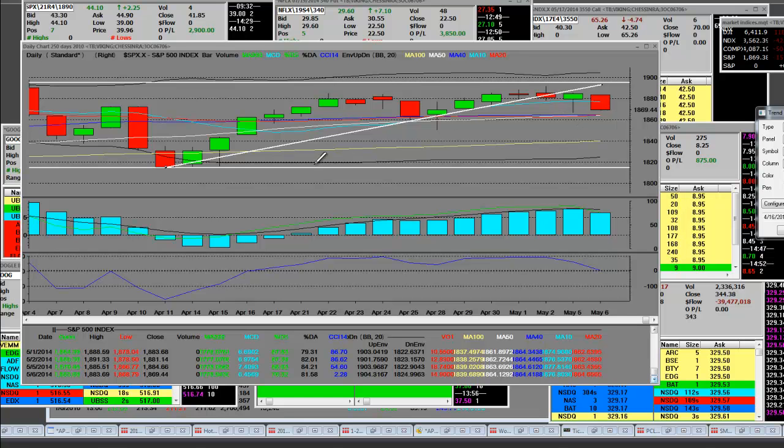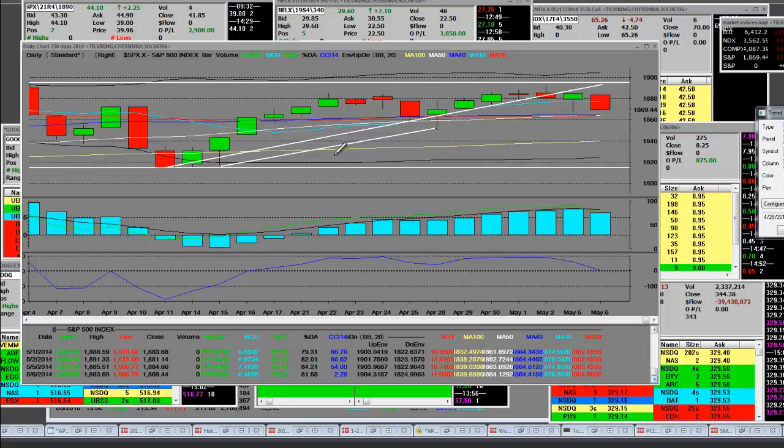Now, naturally, for the bull, that's what it was about. And that's exactly what their trend was. But the longer one over here is a support level.